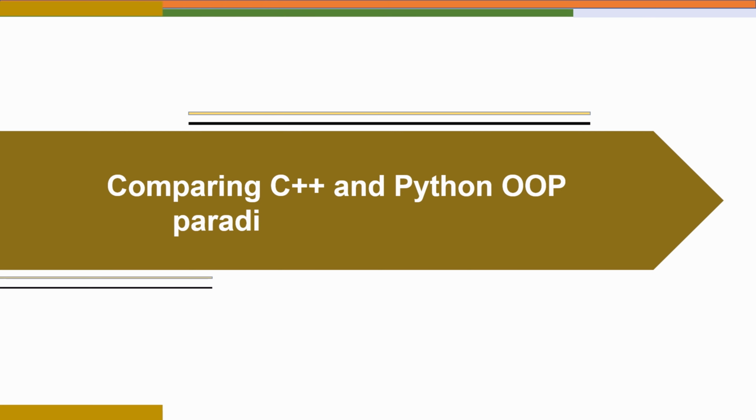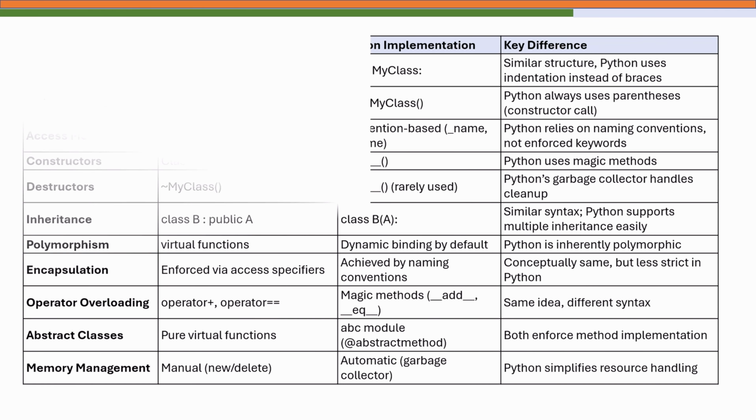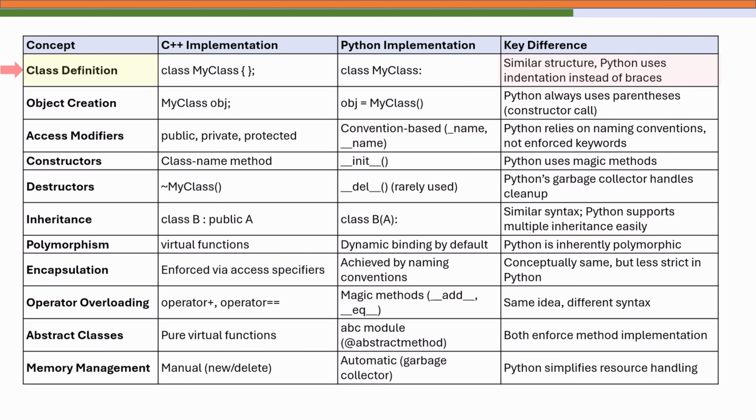So here's how OOP concepts map one-to-one across both the languages, that is, classes, objects, inheritance, and polymorphism exist in both. Only the syntax differs. So here's a quick comparison between the two implementations in C++ and Python. With respect to class definition, they have a similar structure, but Python uses indentation instead of braces.